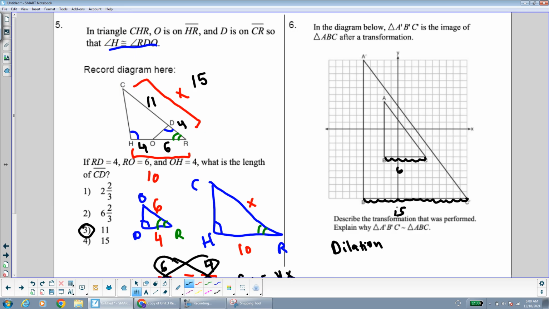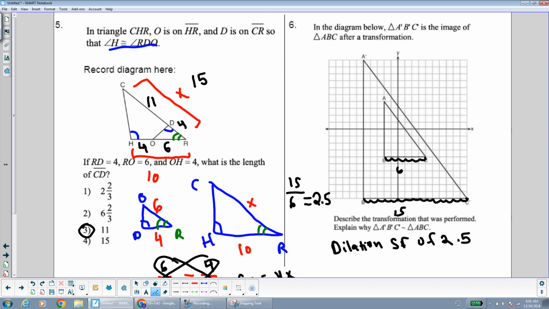So I'll do 15 over 6 to get the scale factor. Yeah, it says A prime, B prime, C prime is the image. So we're getting bigger here. So let me divide. That is 2.5. So dilation scale factor of 2.5.